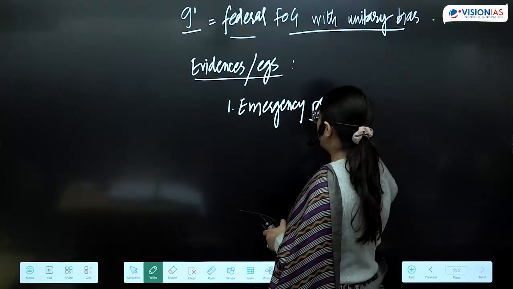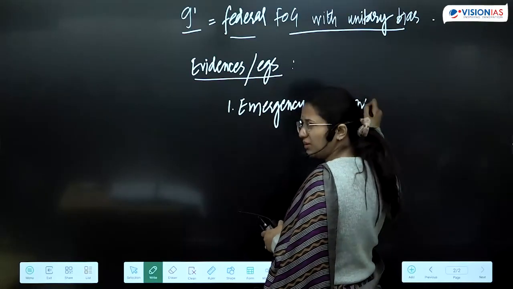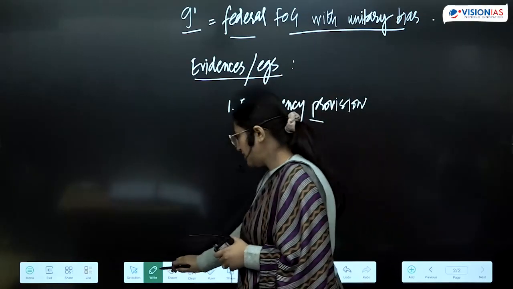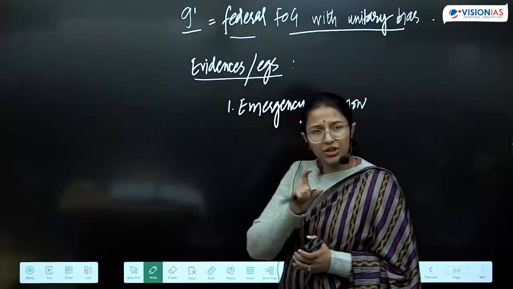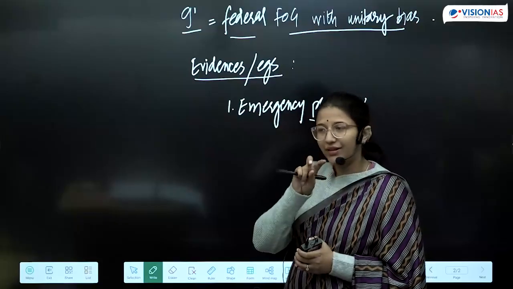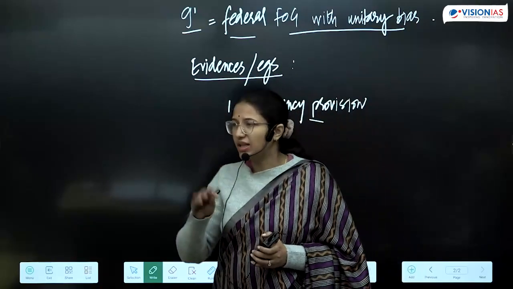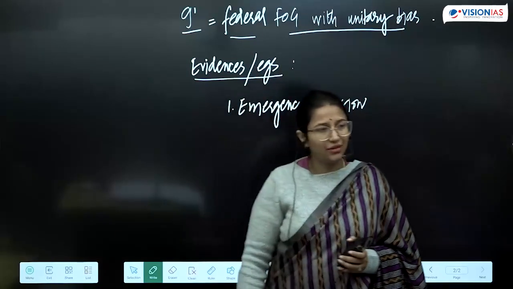Emergency provision क्या है? Basically, the constitution talks about 3 types of emergency. We'll not get into details of it now. And during proclamation of an emergency, the federal form of government is transformed into a unitary form of government.